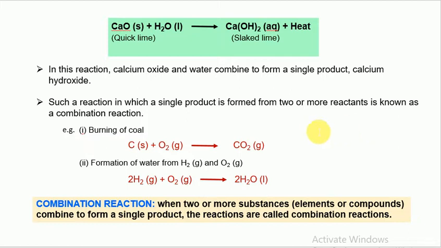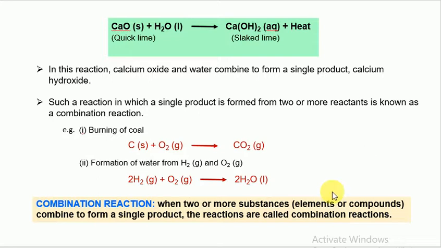Other examples are burning of coal, that is carbon plus oxygen gives carbon dioxide, and formation of water, that is H2 plus O2 gives water, H2O. So two reactants are combining to form a single product. This is known as a combination reaction.